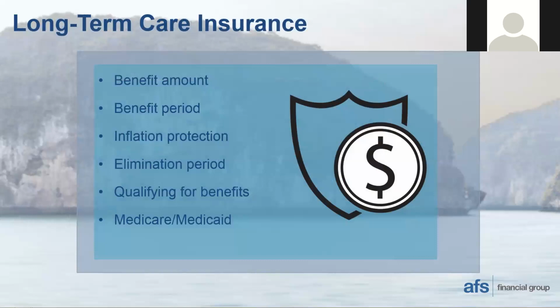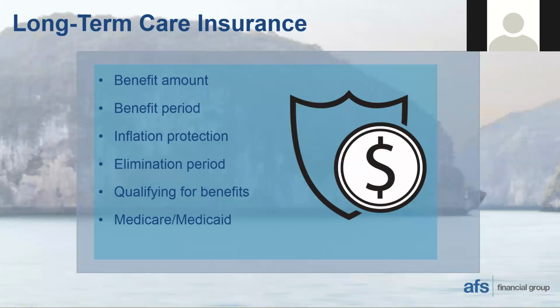And then the ways in which you qualify for benefits really break down into two categories. One is through physical ailments, and they're referred to as needing assistance with activities of daily living. So it's any 2 of 6 activities of daily living.